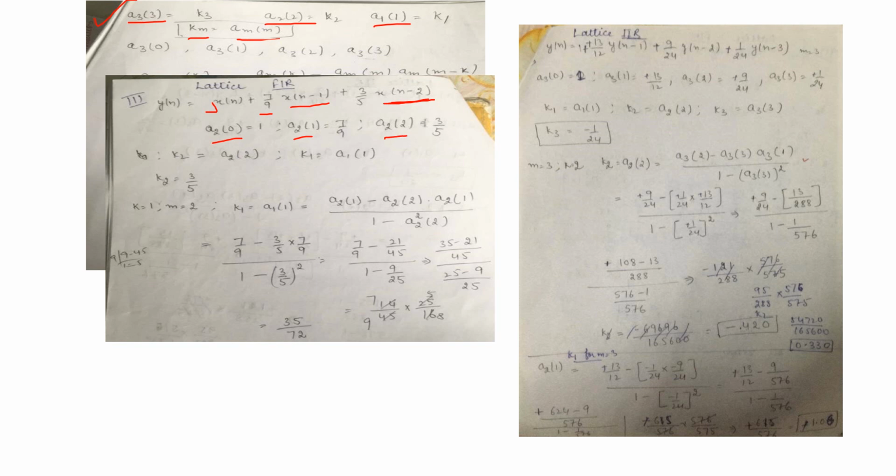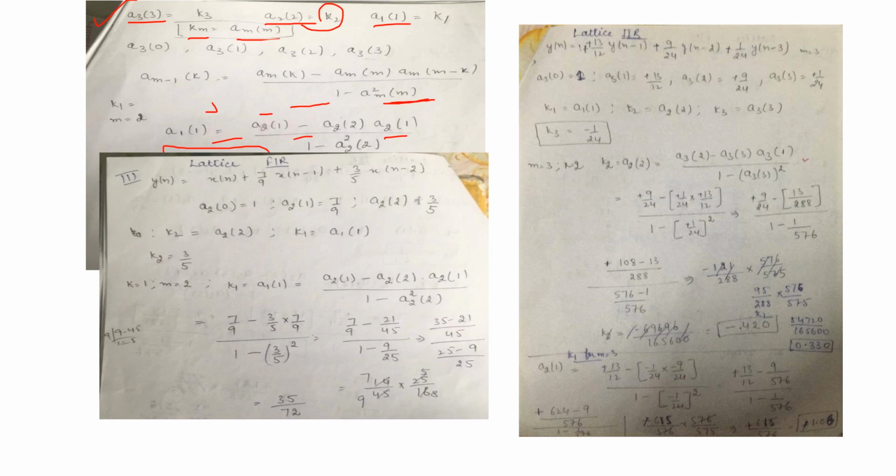And we know that this A2 of 2 is K2. And you have to calculate the value of K1. In this formula you will put the values, I am showing you in which formula, in this formula. Clear?